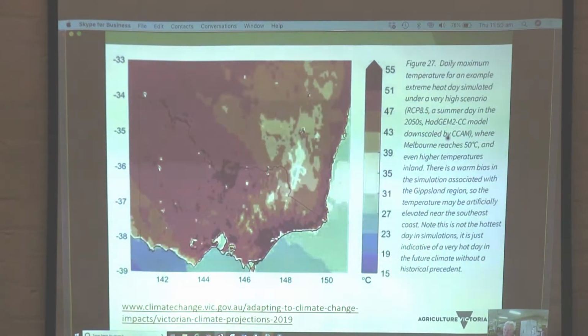And this is for the 2050s, where Melbourne reaches 50 degrees and there are even high temperatures inland. There's a warm bias down here in Gippsland, but it's basically saying it's not the hottest day in simulations, but it's indicative of a very hot day in 30 years' time, if across the planet we keep putting record amounts of emissions in the atmosphere.